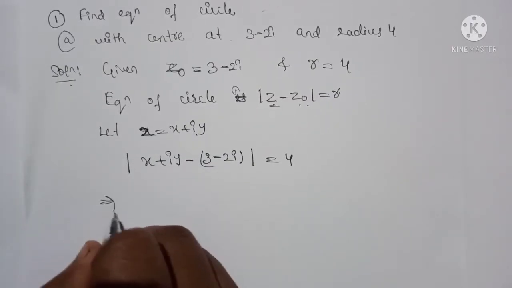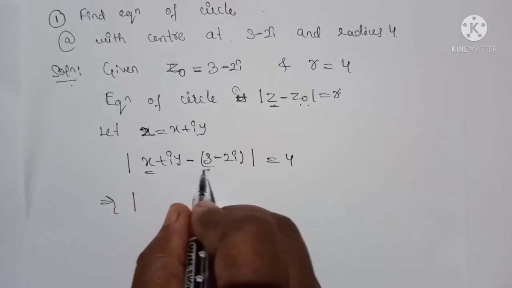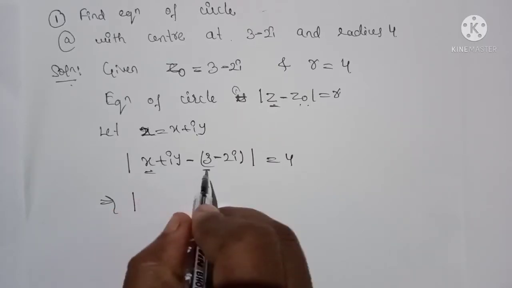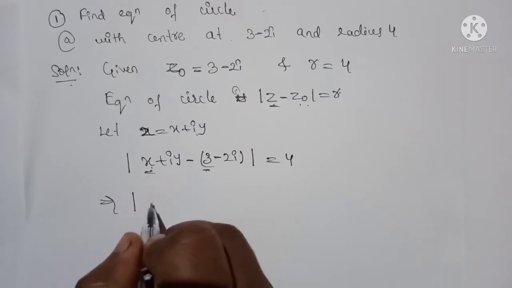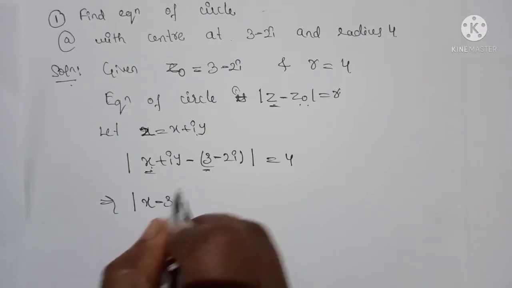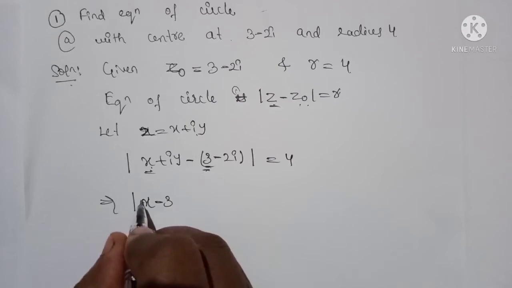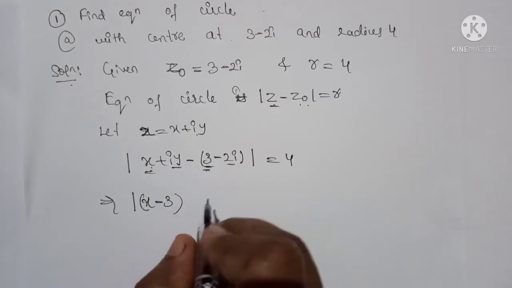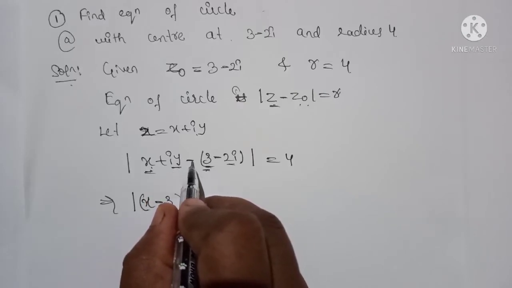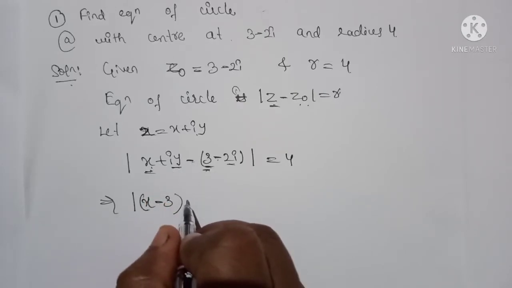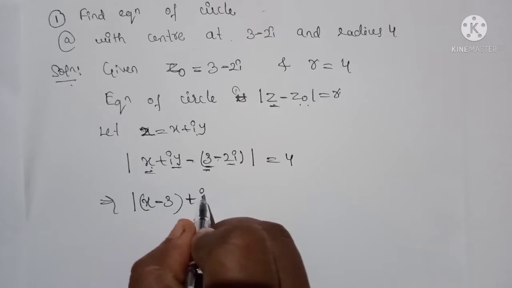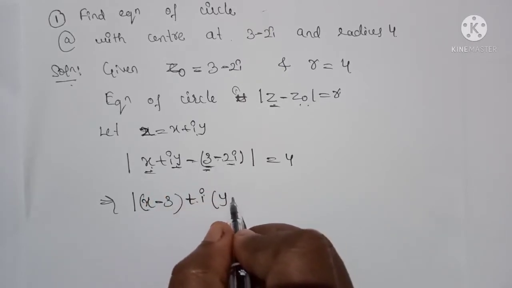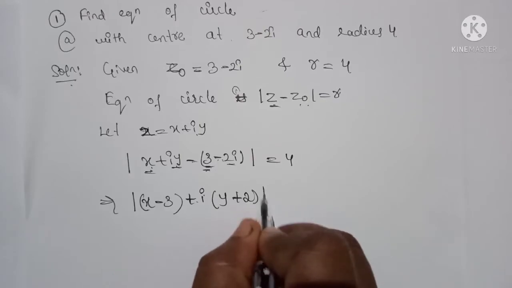Simplifying this, we group real and imaginary parts separately. We get x minus 3, this is the real part. Here in iy and 2i we can take i common: minus into minus gives plus, so we get i times y plus 2, mod equals 4.